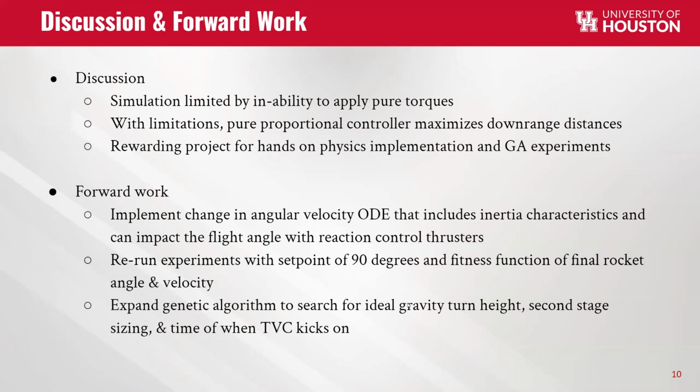So things like at what height we turn over for our gravity turn in the ascent stage, what some of the parameters of that second stage actually look like, and at what time or at what delta height thrust vector control actually kicks on. These would be interesting parameters to include in the search space and see how they could impact our ability to land the rocket.